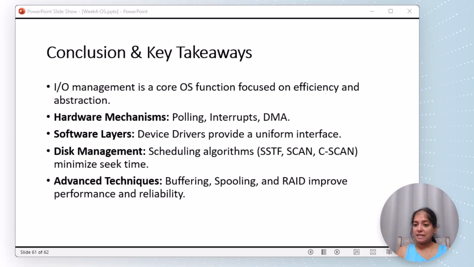Then advanced techniques we use for storing temporary data, like buffering and spooling. Then we use RAID to improve the throughput and reliability. And ultimately, efficient input-output management bridges the gap between fast CPUs and slower devices.